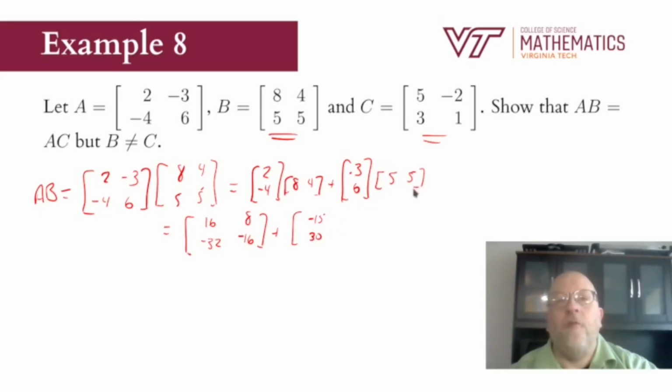And -3, 6 times 5 is -15, 30 again. When we add these together, 16 minus 15 is 1. 8 minus 15 is negative 7. Negative 32 plus 30 is negative 2. And negative 16 plus 30 is positive 14.